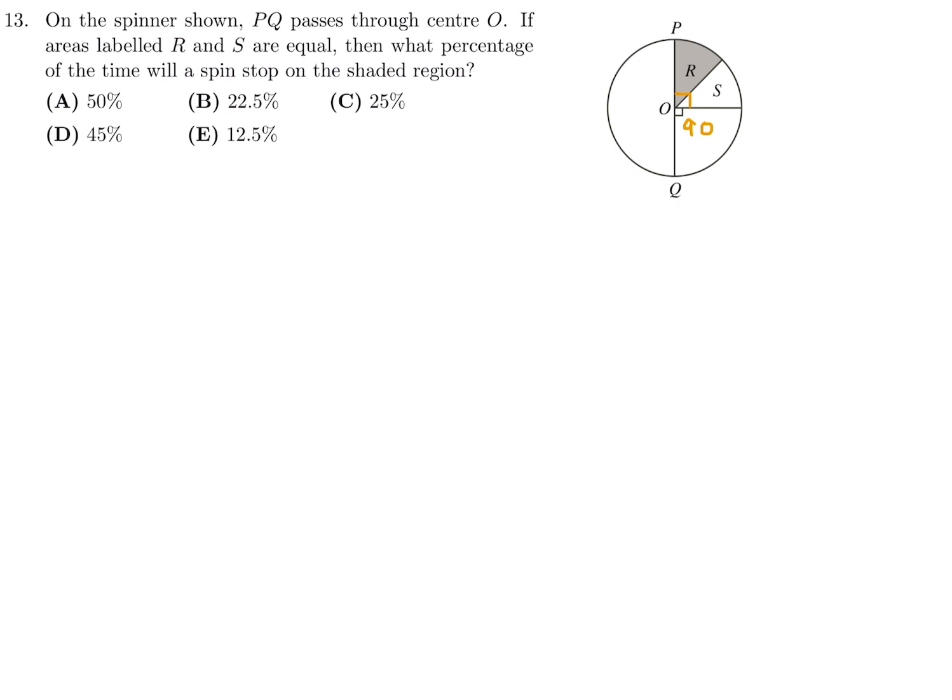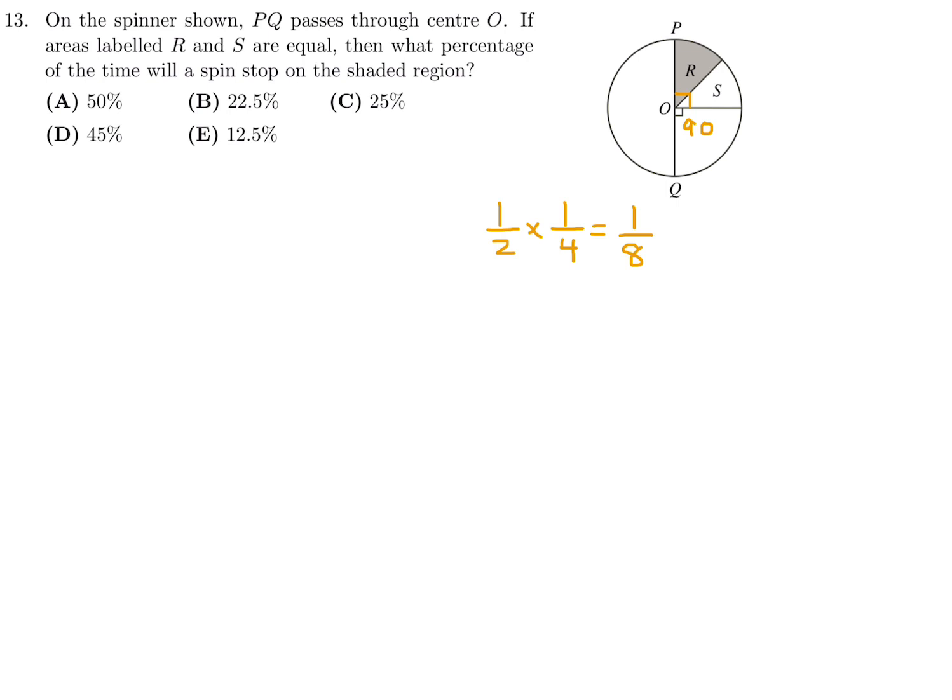So basically, that means that since R and S are equal, each of those are a half of a quarter, right? Because this is going to be a quarter of the circle, and each of those is half of that. So a half of a quarter, which is an eighth.